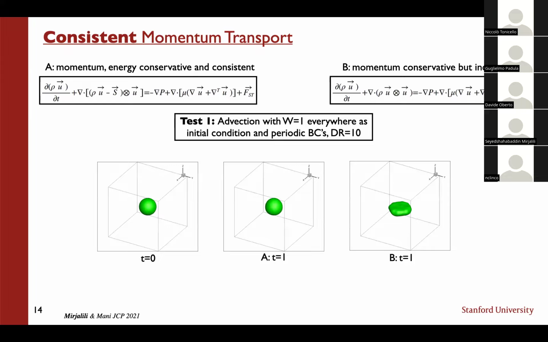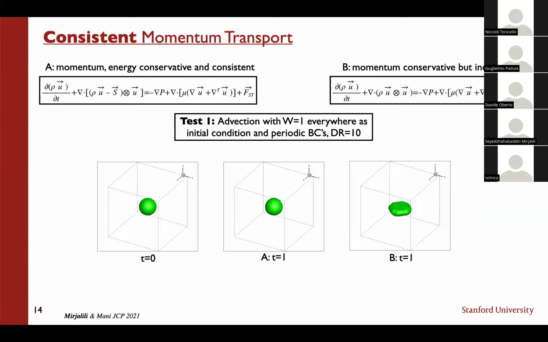At t equal to 0, you just have a droplet, and at t equal to 1, with this consistent model, with the inclusion of S, we get a solution as we want. So the drop goes back to where it belongs. And without this, with this equation, you get a blob that's incorrect. So this is just testing Galilean invariance, and you can see that this would fail, right?